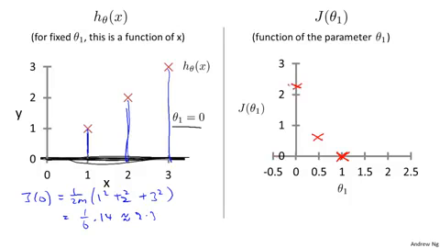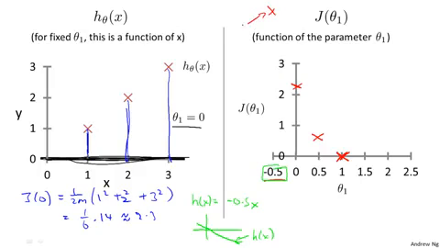And of course, we can keep on doing this for other values of theta 1. It turns out that you can have negative values of theta 1 as well. So if theta 1 is negative, then h of x would be equal to, say, minus 0.5 times x, if theta 1 is minus 0.5. And so that corresponds to a hypothesis with a slope of negative 0.5. And you can actually keep on computing these errors. This turns out to be a really high error.